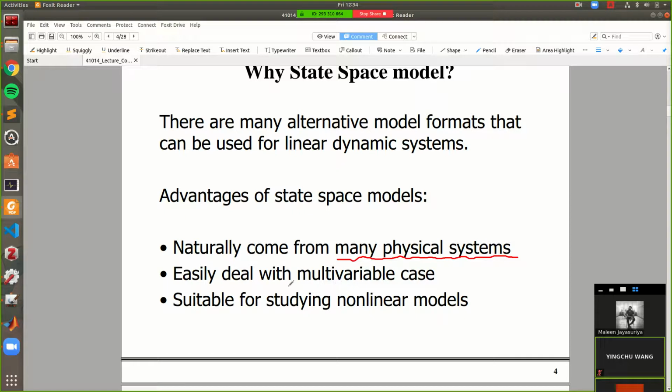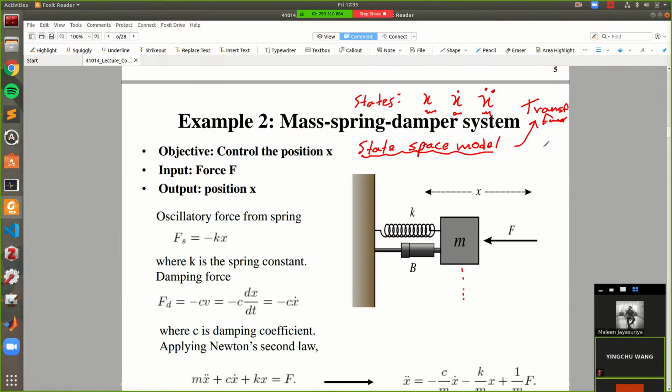It's also good when you're dealing with multivariable cases. That means if you're dealing with multiple states, for example, in our shower example, we care about how much the tap has opened, that's one state. And then we care about the temperature, that's another state. So we have multiple states, and using a state space model helps us model cases with multiple variables. And it's also suitable to study nonlinear systems, while transfer functions only deal with linear systems.